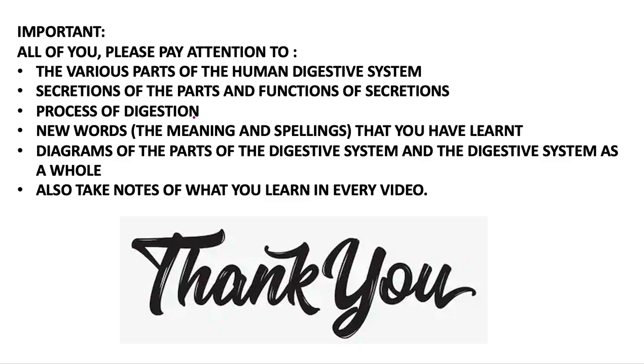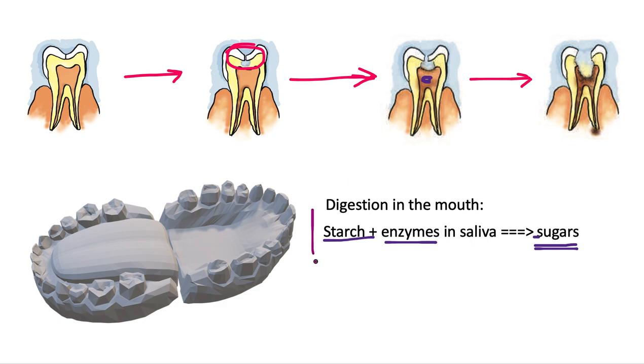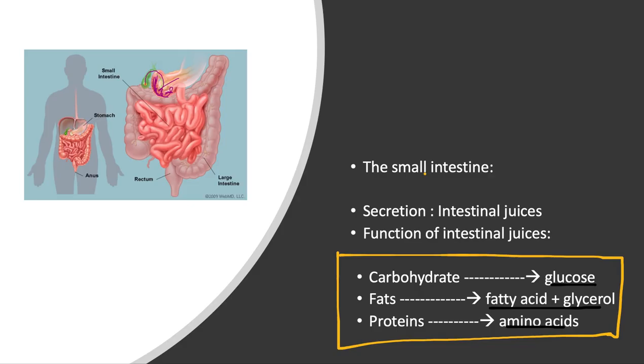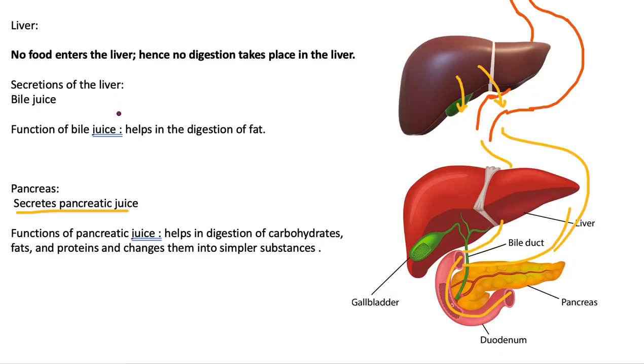Then I showed you these equations, like over here. These equations: saliva plus enzymes in saliva become sugar. Then these equations, and then the digestion of fat, and also this part.